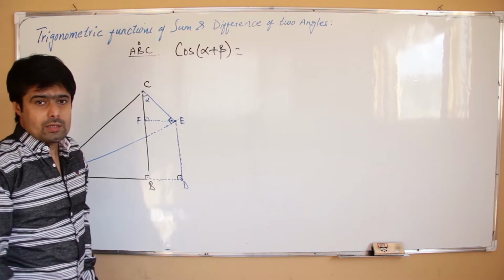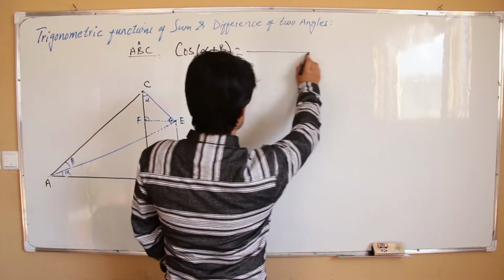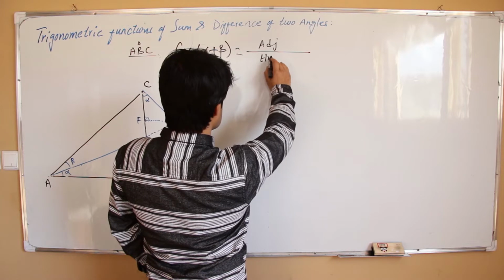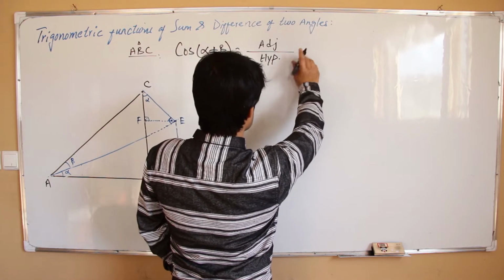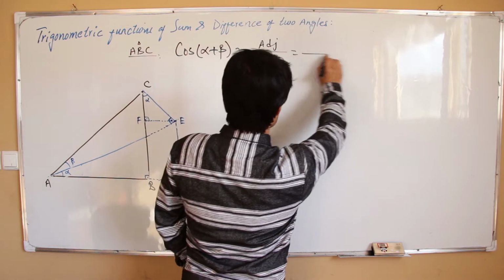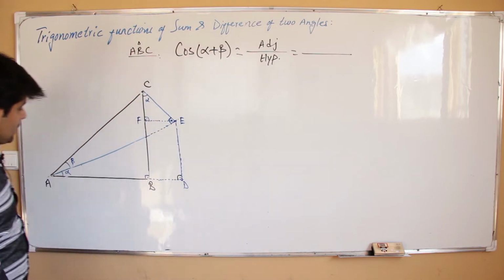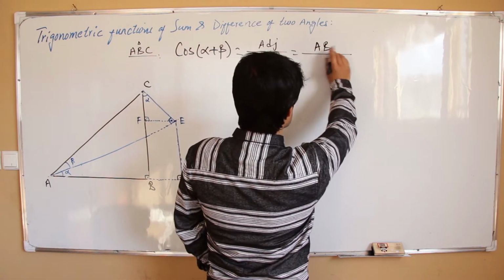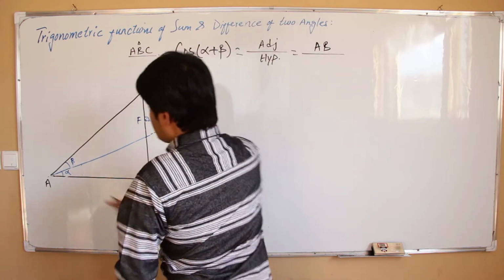Now, what is the definition for cosine? It is adjacent divided by hypotenuse. Am I right? Yes. What is adjacent in this ABC? Adjacent is AB divided by hypotenuse AC.